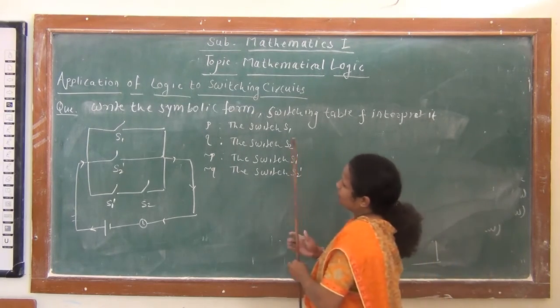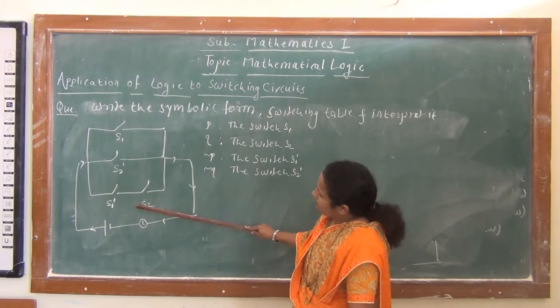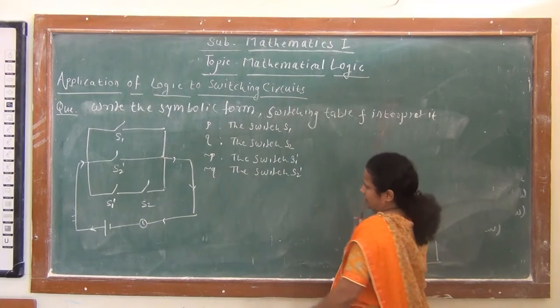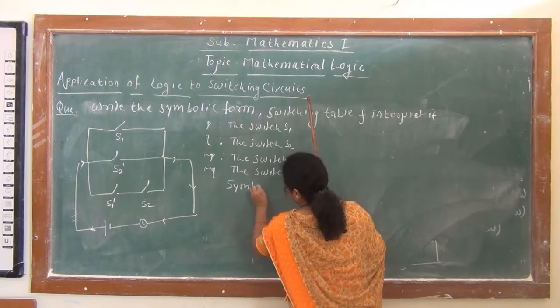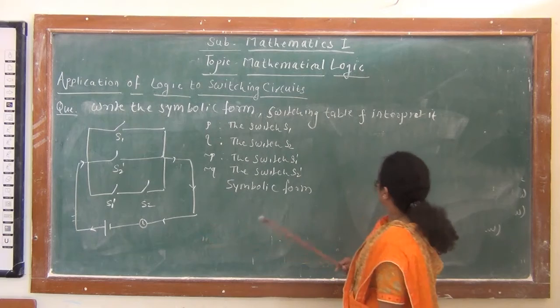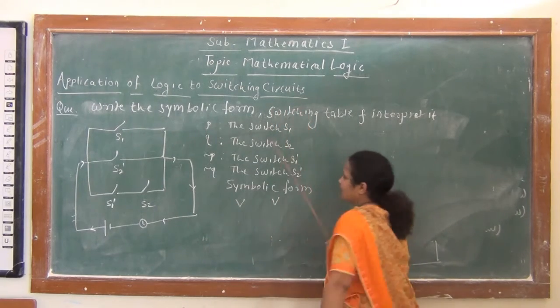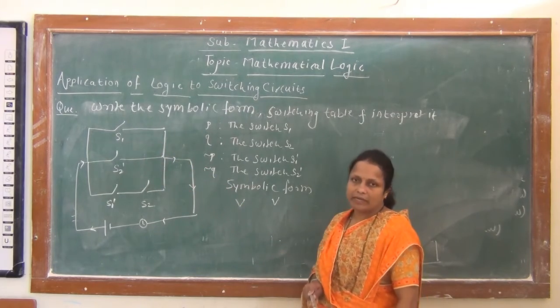For the symbolic form, we divide the circuit in 3 parts: first, second, third. These 3 parts are connected in parallel, so we use connective OR. So first we write connective OR. In 3 parts they are connected in parallel.